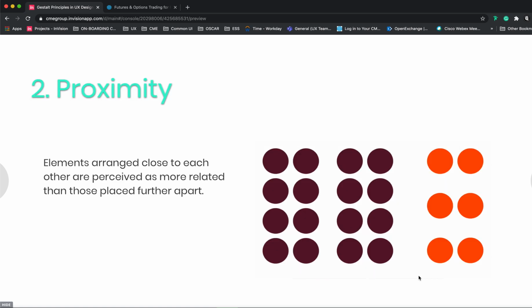Then we're going to jump straight to proximity. Elements arranged close to each other are perceived as more related than those placed further apart. So within UX, I think we can use the proximity principle for grouping similar information, organizing content, and decluttering layouts.